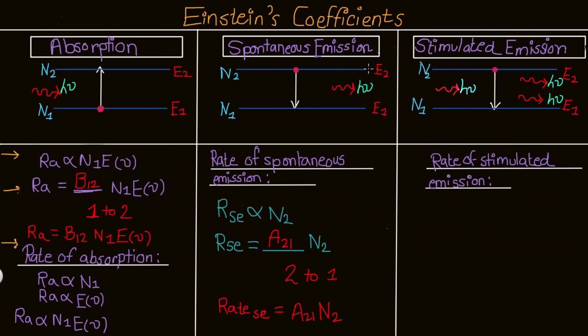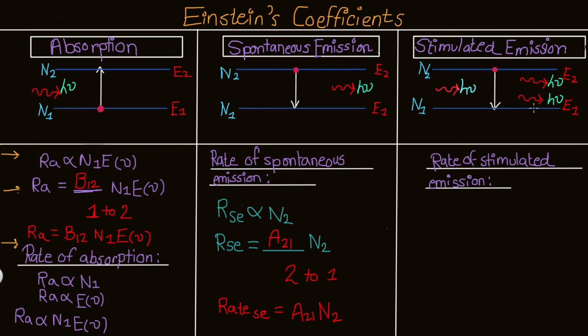Over here we see that a photon comes in and triggers the atom. So we stimulate the atom to jump from the upper level to the lower level with the help of this photon coming in. This causes 2 photons to be released.